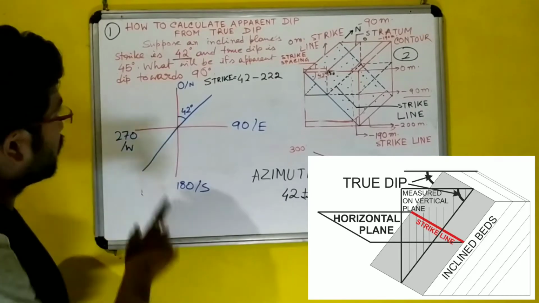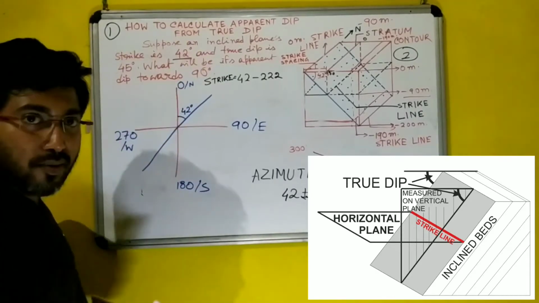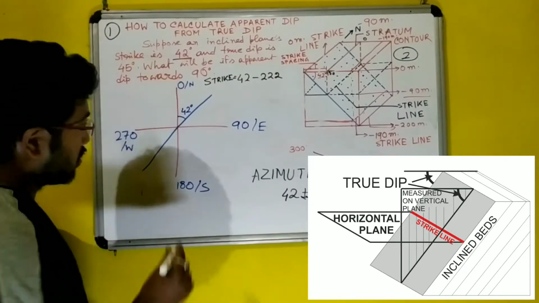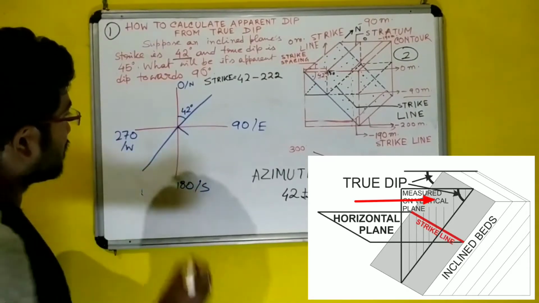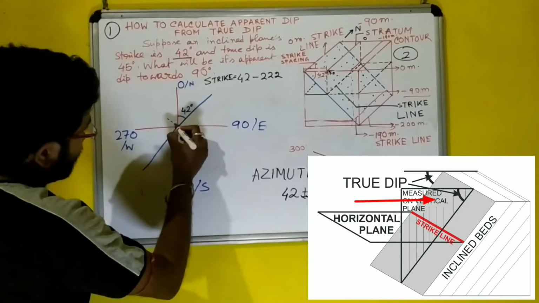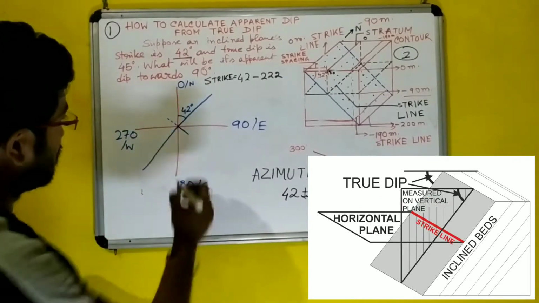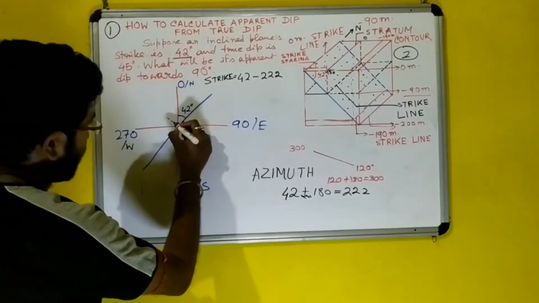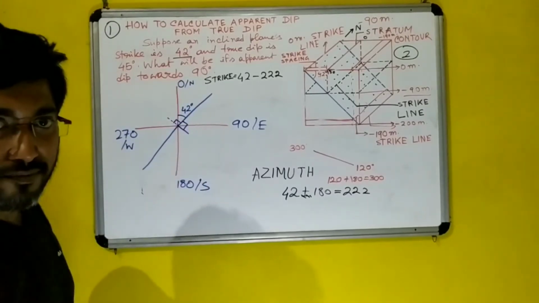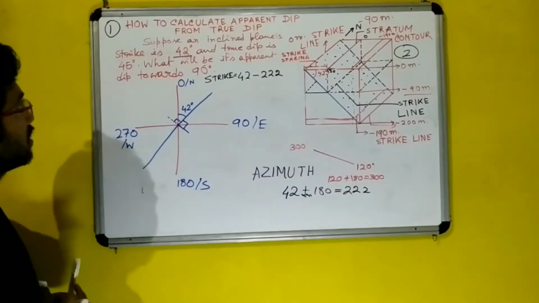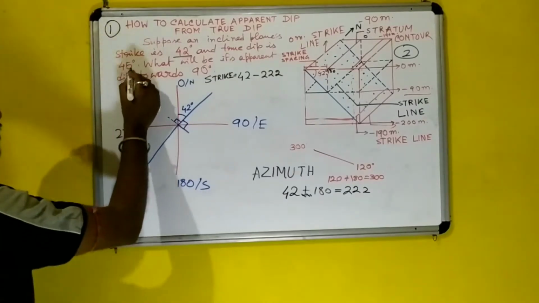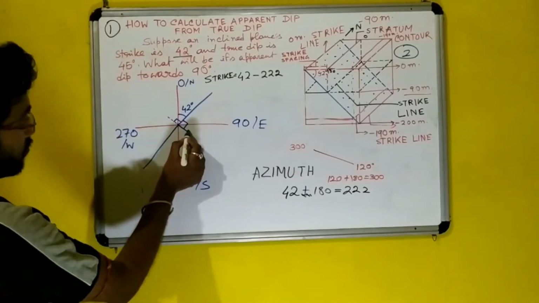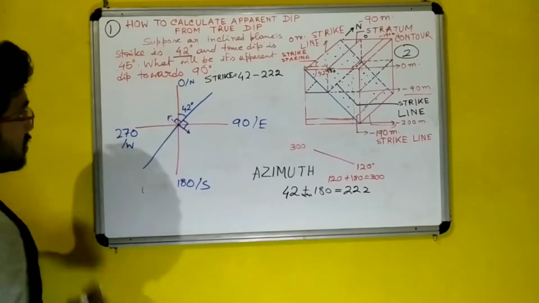Now the true dip direction will be perpendicular to that, or true dip has to be measured perpendicular to that. Either this or this, both are at 90 degree. If I add the information that 45 degree, it can be towards this or towards this.